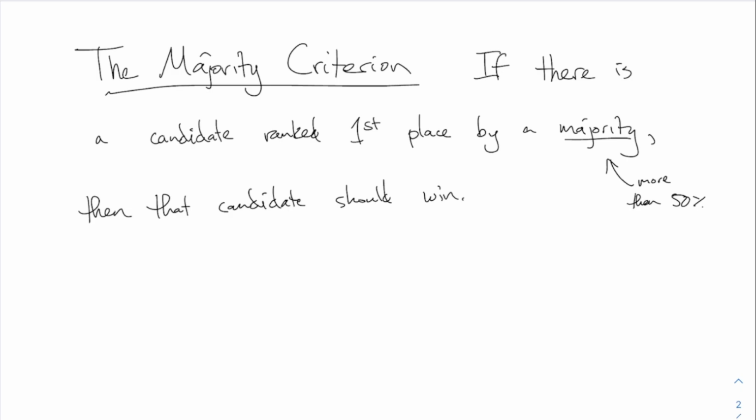Do they actually obey this property? Do they actually function in this way? Where in the real world, say if you're using the Borda, is it really true that if somebody is ranked first choice by a majority, then they automatically win using the Borda or whatever else, all right? So our question is going to be, which of our systems actually satisfy this property?